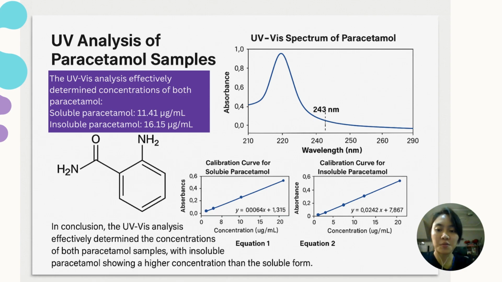The concentration of soluble paracetamol was calculated to be 11.41 microgram per milliliter, while insoluble paracetamol was 16.15 microgram per milliliter. These results reflect the differences in solubility, with insoluble paracetamol absorbing more light. This demonstrates the reliability of UV spectroscopy for quantifying paracetamol concentration.